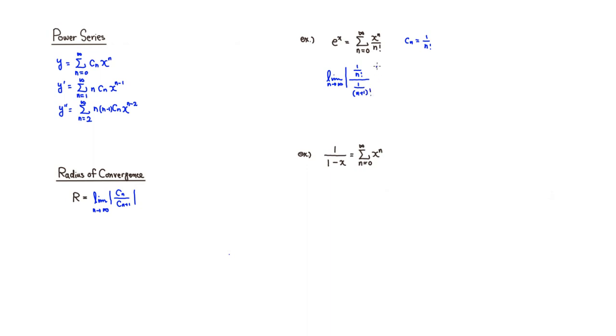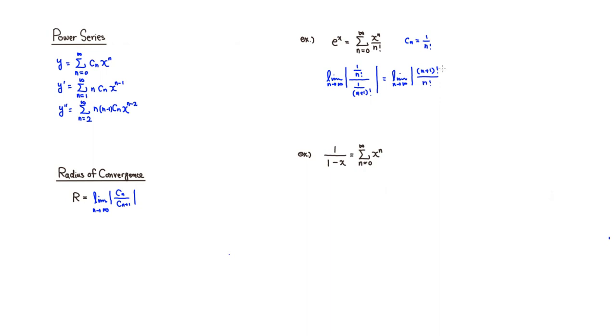This simplifies with a double reciprocal: n plus 1 factorial divided by n factorial.